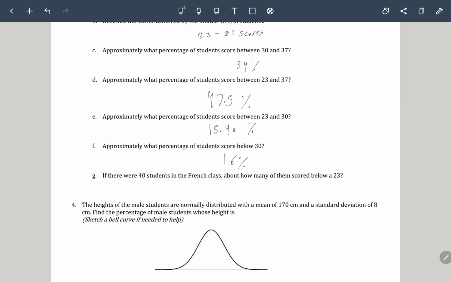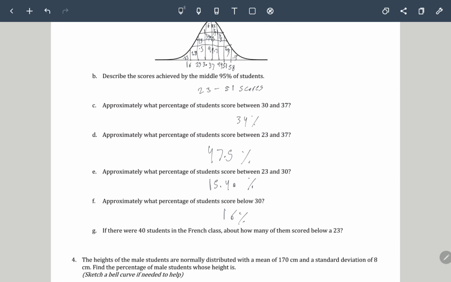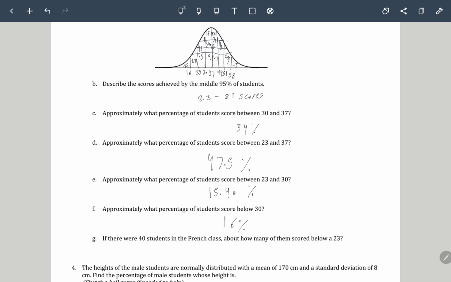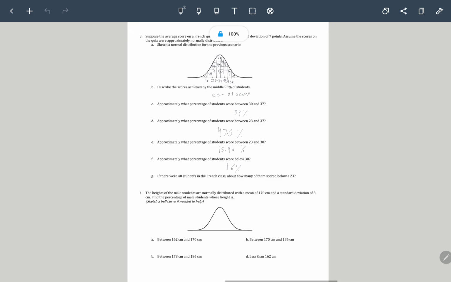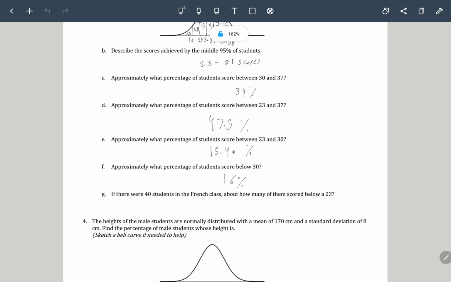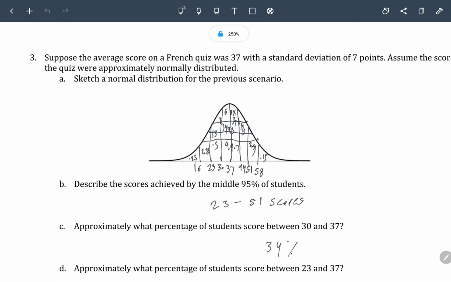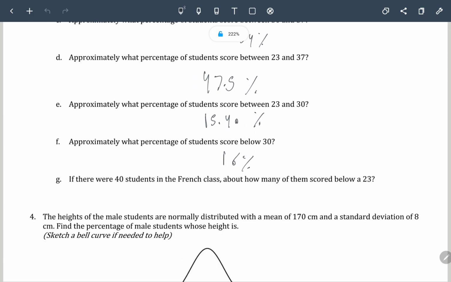If there are 40 students in a French class, about how many of them scored below 23? So here we are actually given variables, like the numbers that we have to plug in. So in my professional caveman mind, I think, okay, how many scored below 23? I look at 23. Below 23 is 2.5. Yes?